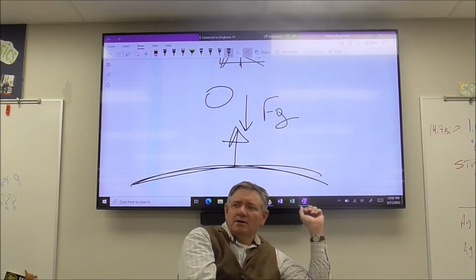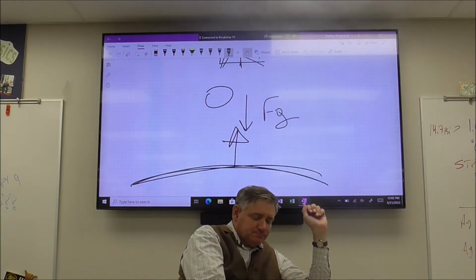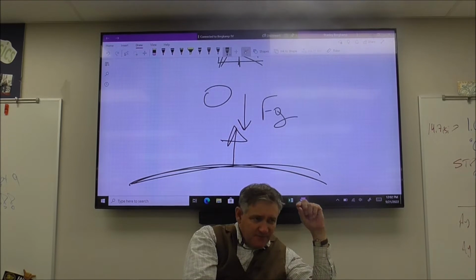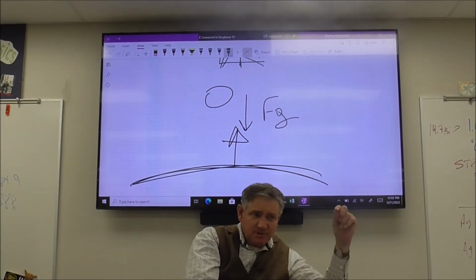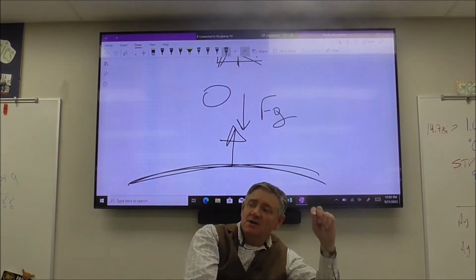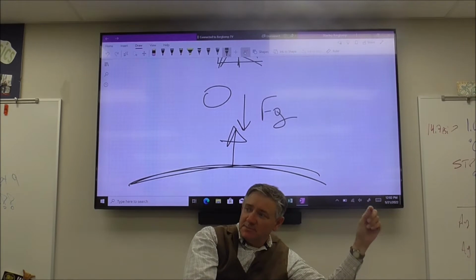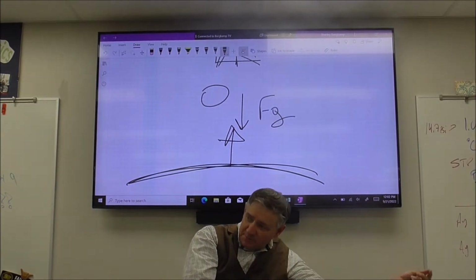Just keep going, right? So one of the main ideas that I want you to get out of this is the idea that the only reason objects come to rest is because there's a frictional force. If you eliminate the frictional force, you eliminate the force that's going to make that book stop.